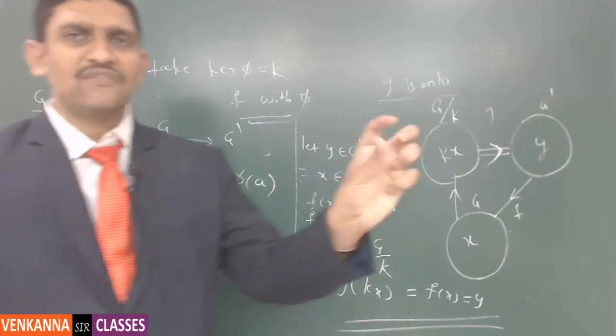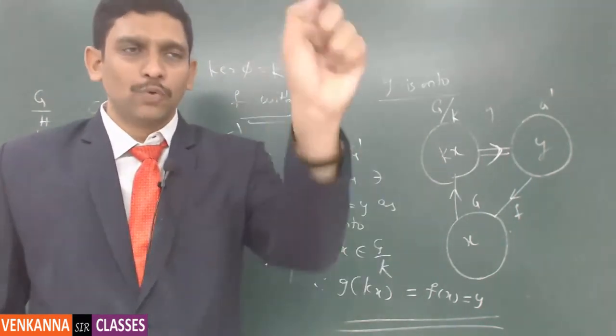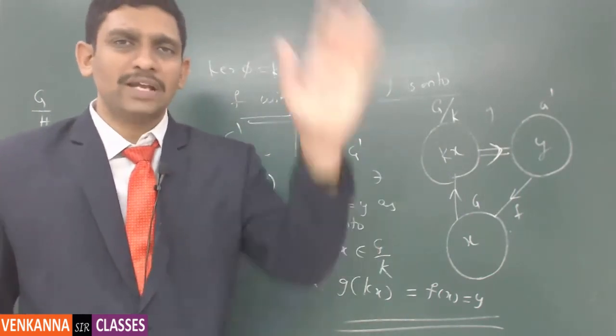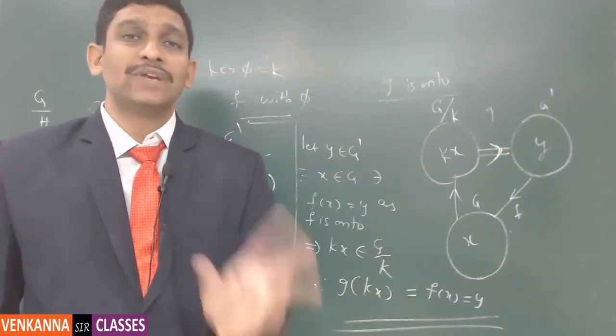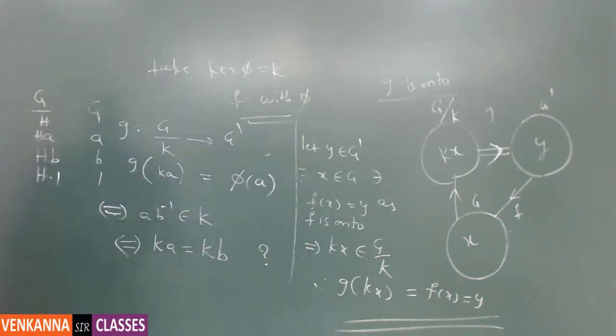So wherever f is there, you replace with phi. So you try the third part. You prove the theorem using the symbol phi wherever f is there, so that you will get the idea of the whole scenario. Then there is no need to memorize the theorem separately. You can prove it on your own. Then you can take it as an assignment or practice, whatever you can call.